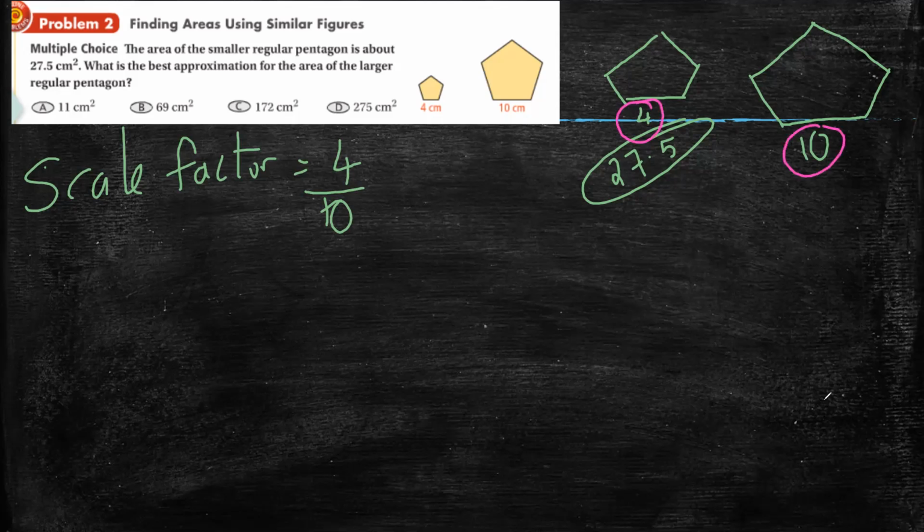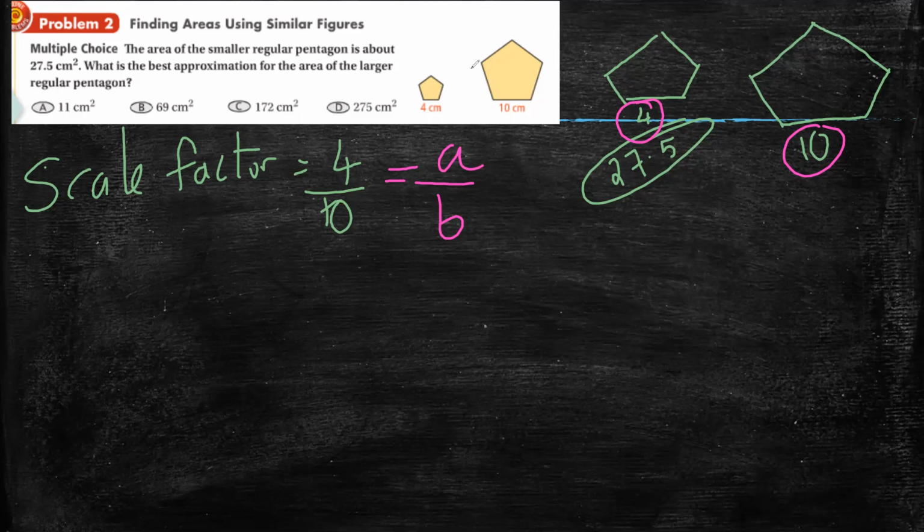This is the scale factor. Then this scale factor, I name it A over B. I can use it to find the ratio of the perimeters, the ratio of the areas, and also the perimeter and the area. Here he told me that the area of the smaller shape is 27.5.